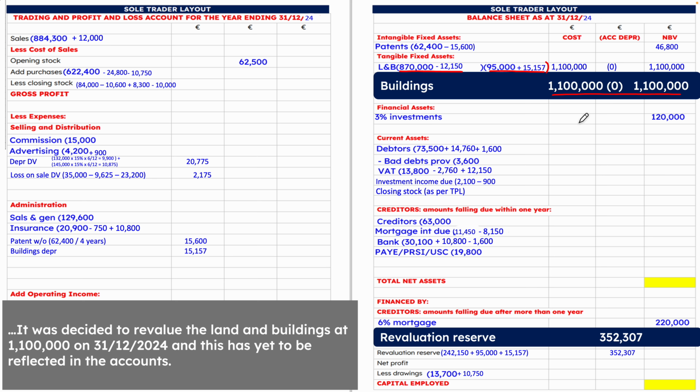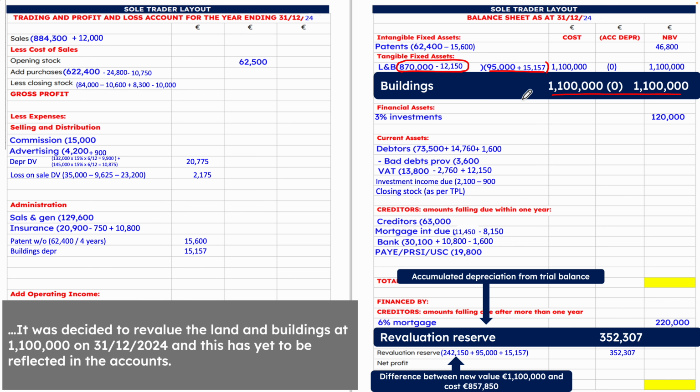And so that figure there, 352,307, is a combination of three figures. It is the difference between the new value, 1.1 million, and what the land and buildings were actually worth, which was the 870 minus the 12,150, which is 857,850.